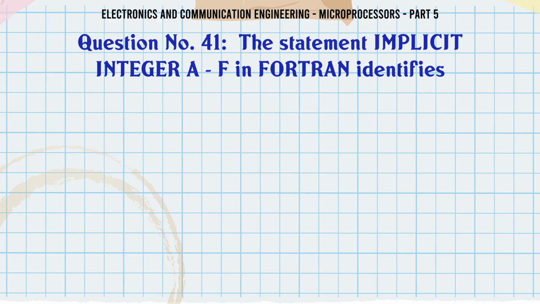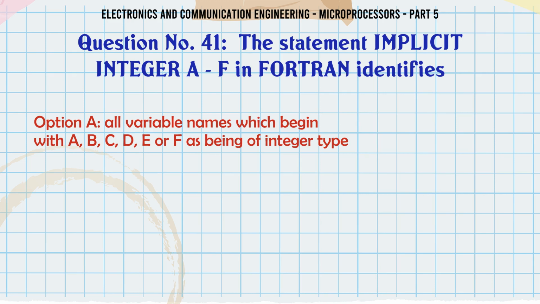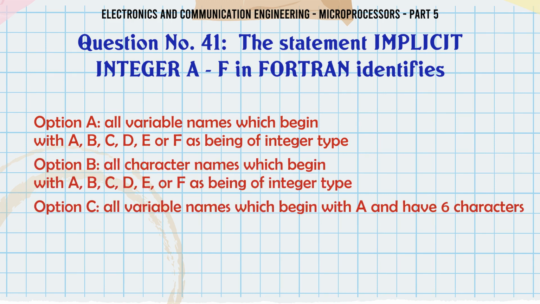The statement IMPLICIT INTEGER (A-F) in FORTRAN identifies A. all variable names which begin with A, B, C, D, E or F as being of integer type. B. all character names which begin with A, B, C, D, E or F as being of integer type. C. all variable names which begin with A and have 6 characters.